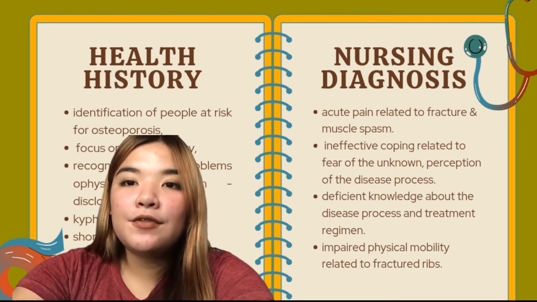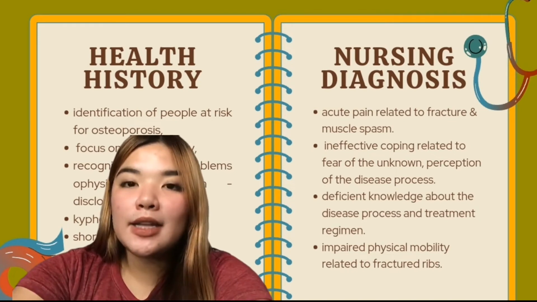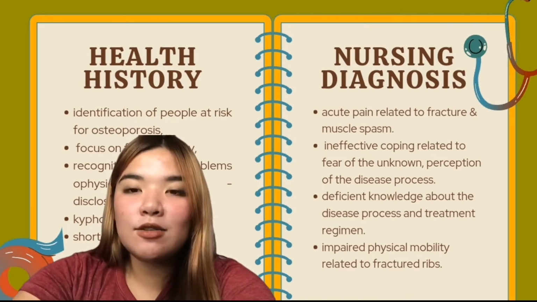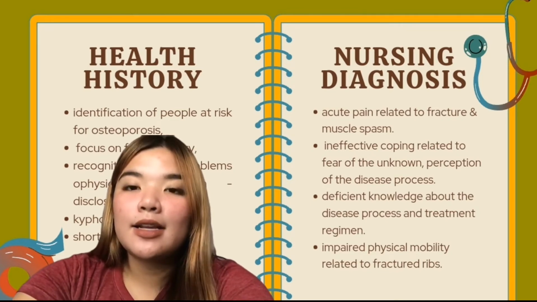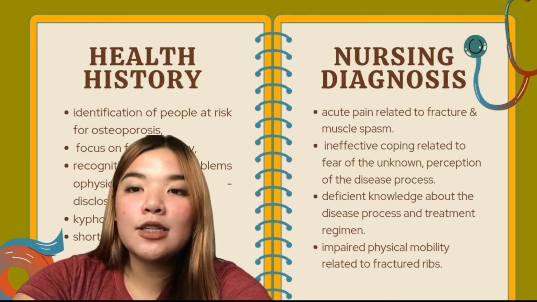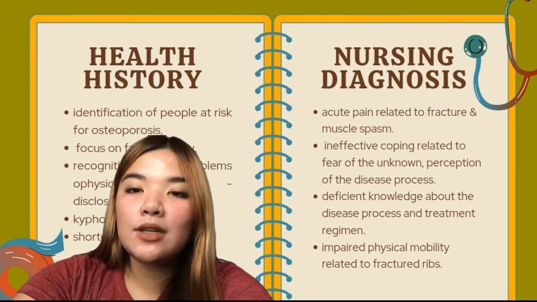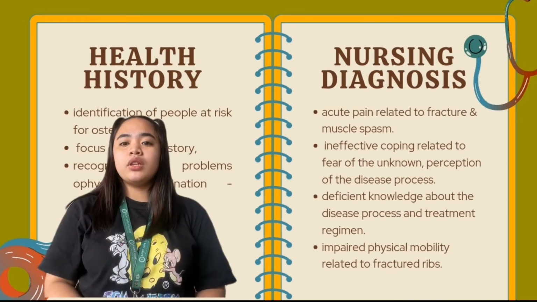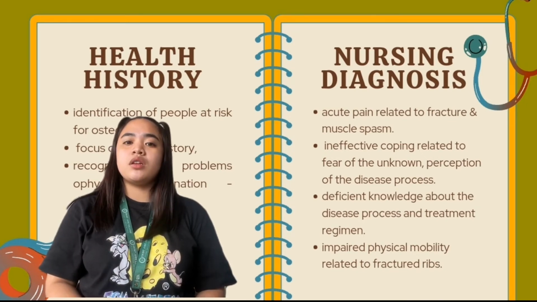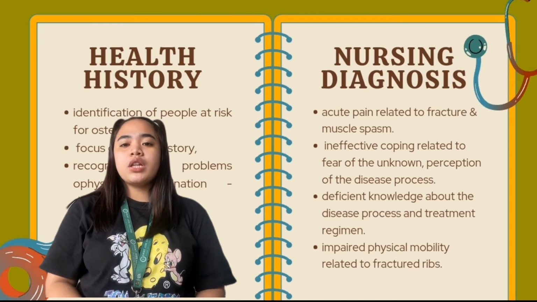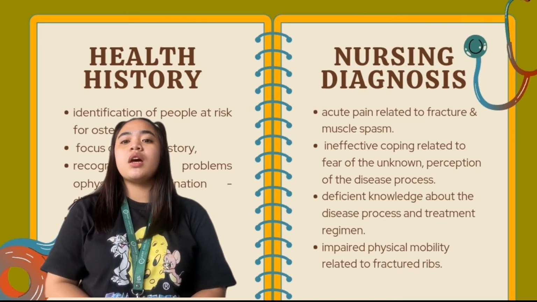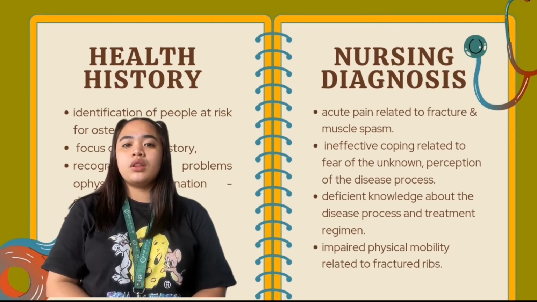Additionally, ineffective coping related to uncertainty, inadequate resources, and change in socioeconomic status like job loss and financial situation may be one of the nursing diagnoses based on assessment data. Deficient knowledge about the disease process and treatment regimen. Lack of understanding of osteoporosis can result in incorrect diagnosis and subsequent wrong treatment.